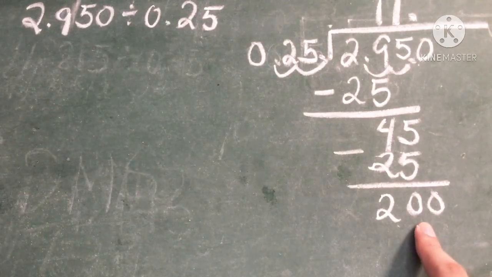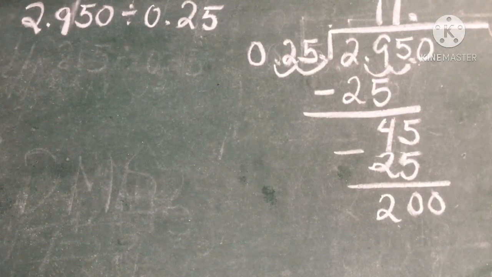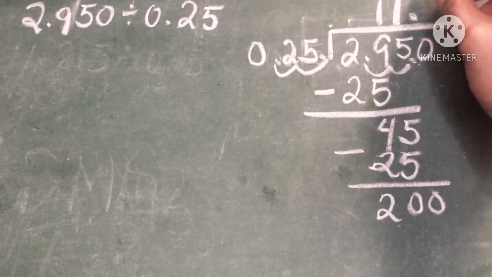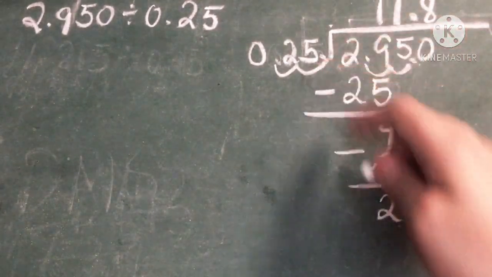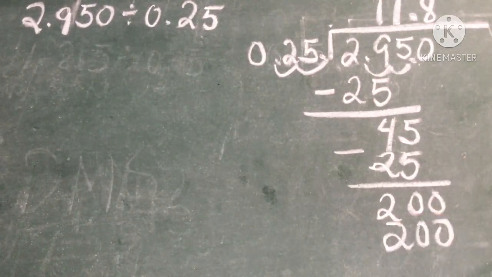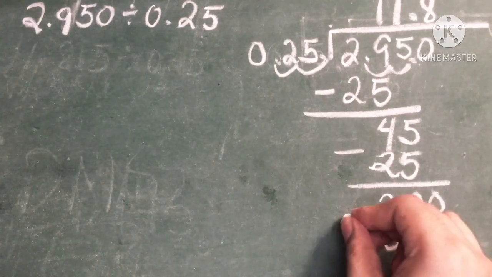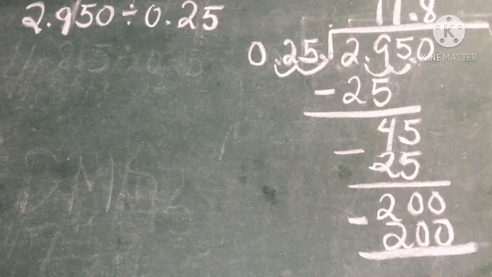Then 200 divided by 25 is equal to ilang 25 meron sa 200. So the answer is 8. Tapat ng 0. 8 times 25 is equal to 200. So, ang susunod ay subtract na. 200, 0 minus 0, 0 is equal to 0.